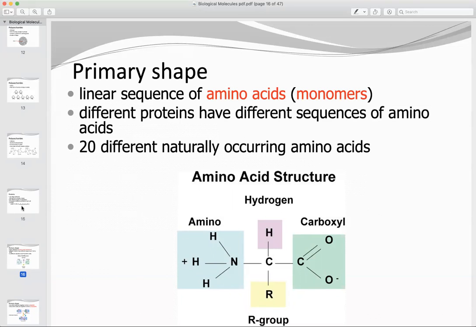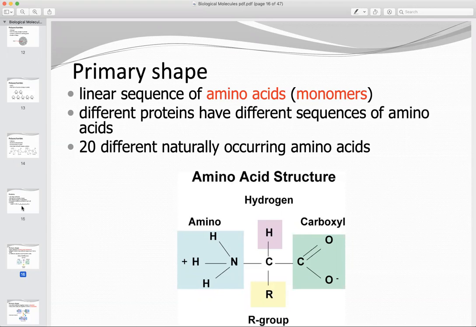The primary structure of the protein simply refers to the linear sequence of amino acids, right? So you're jotting down that amino acids are the monomers or the building blocks for proteins. I mentioned earlier that each of these classes of biological molecules are made from smaller subunits. The smaller subunit that joins together and makes proteins are amino acids, okay? So amino acids are the monomers for proteins.